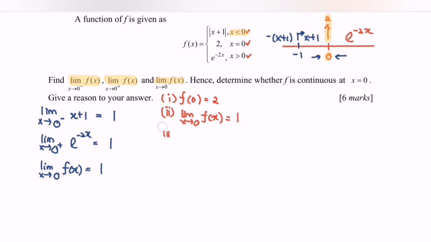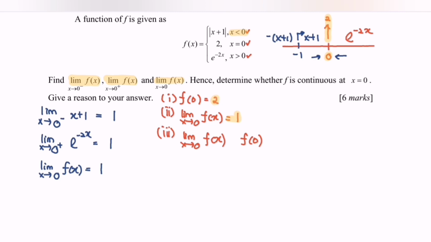Condition number 3, is the limit when x approaches 0 for the function f(x) equal to f(0)? For this case, the limit as x approaches 0 of f(x) is approaching 1, while for f(0) the answer is 2.